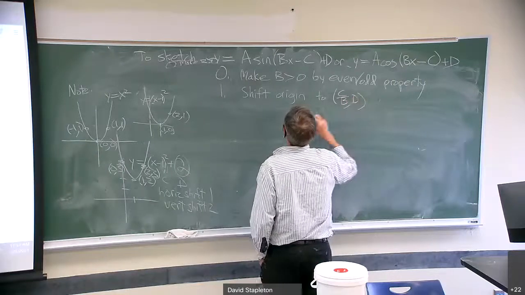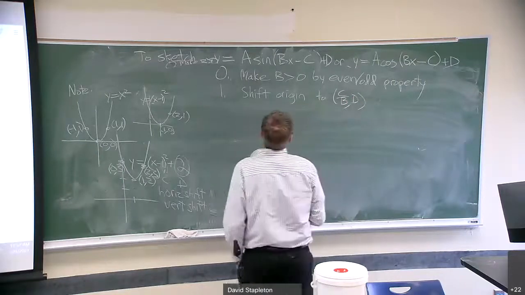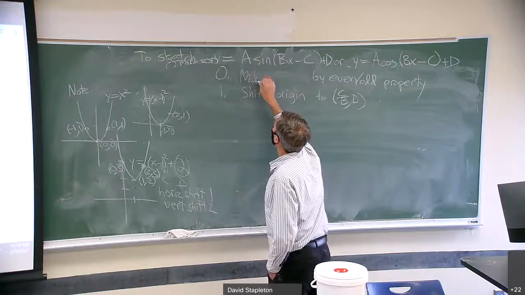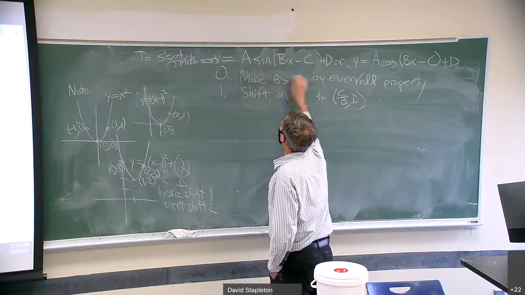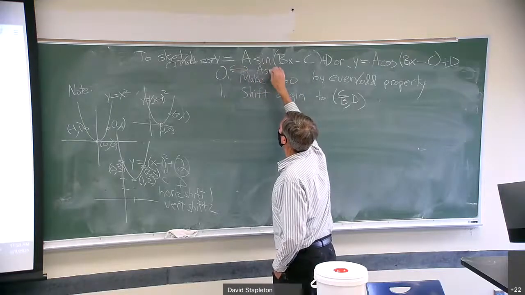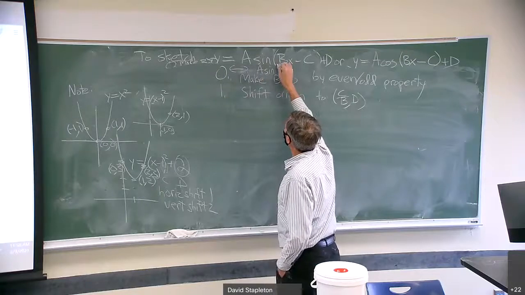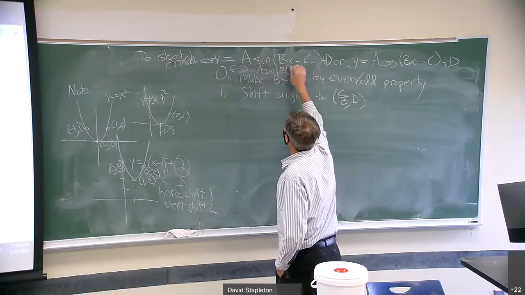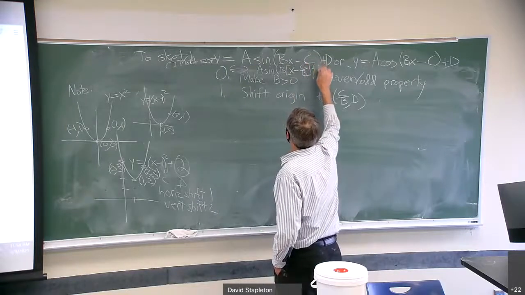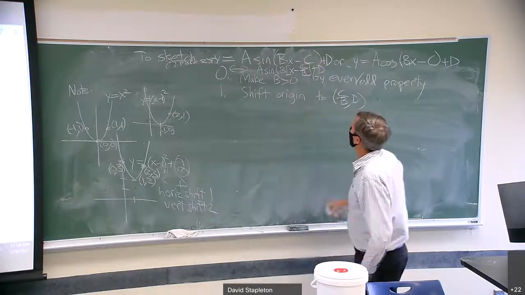Because you rewrite this as A sine of B times (x minus C over B) plus D, right?